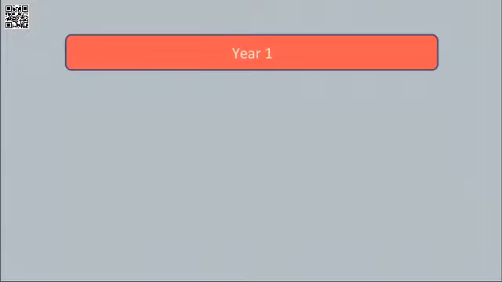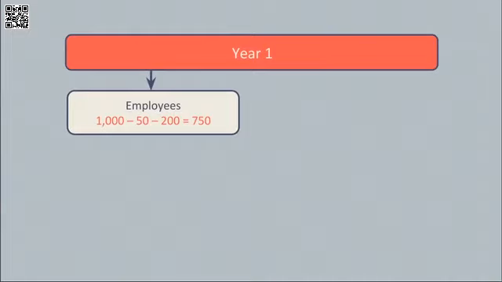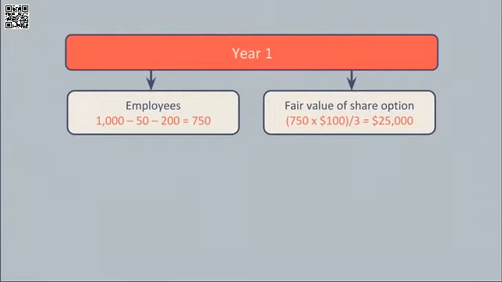Year 1. Calculate the employees. 1,000 less the 50 who leave, minus the 200 who are expected to leave, equals 750 employees. 750 multiplied by $100, the fair value of the share option, equals $75,000. Now, the vesting period is 3 years, i.e. the shares don't pass to the employees until the 3 years are up.